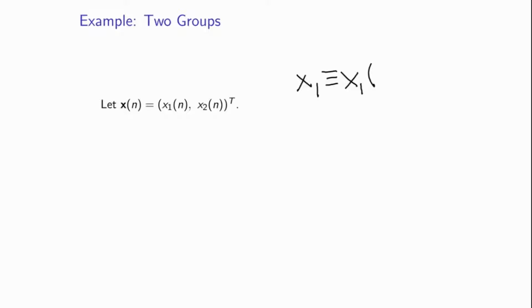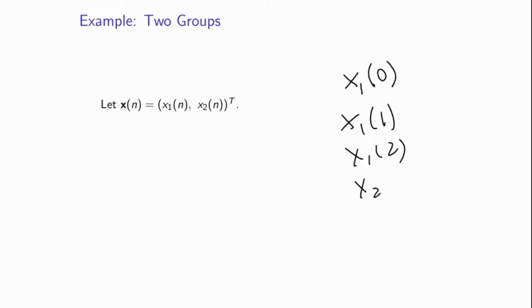So we can say something like this: x1 at 0, x1 at 1, x1 at 2, x1 at 3, all the way to, sorry, this is supposed to be x1 at, I don't know, 1000 or something like that.